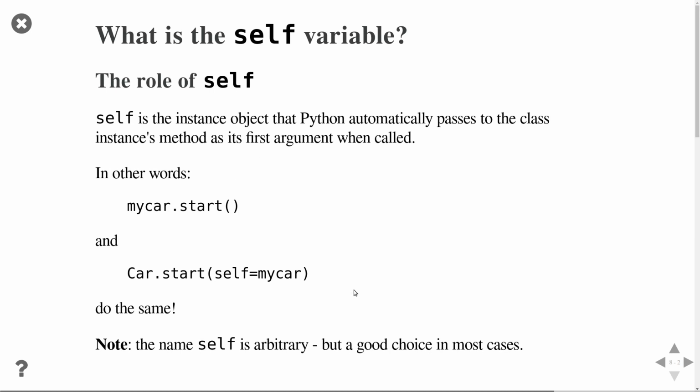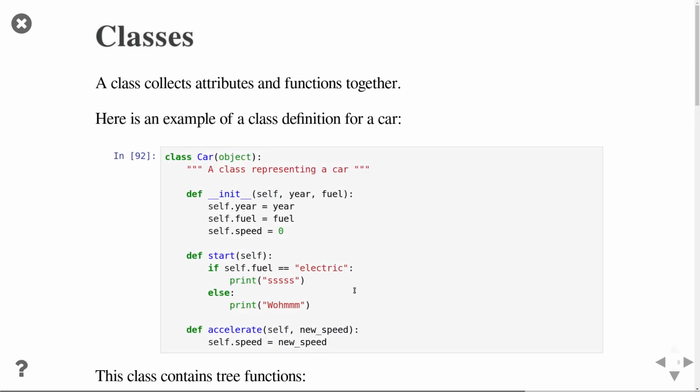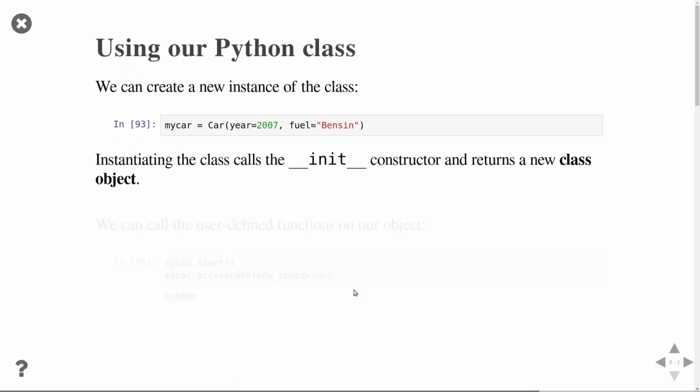What was not quite clear is the role of the self variable. Remember, when I defined the class, all the functions started with self. Maybe I'll just show this again. Every single function here, from init to accelerate, had as its first argument this magical self. So why do we have this self?